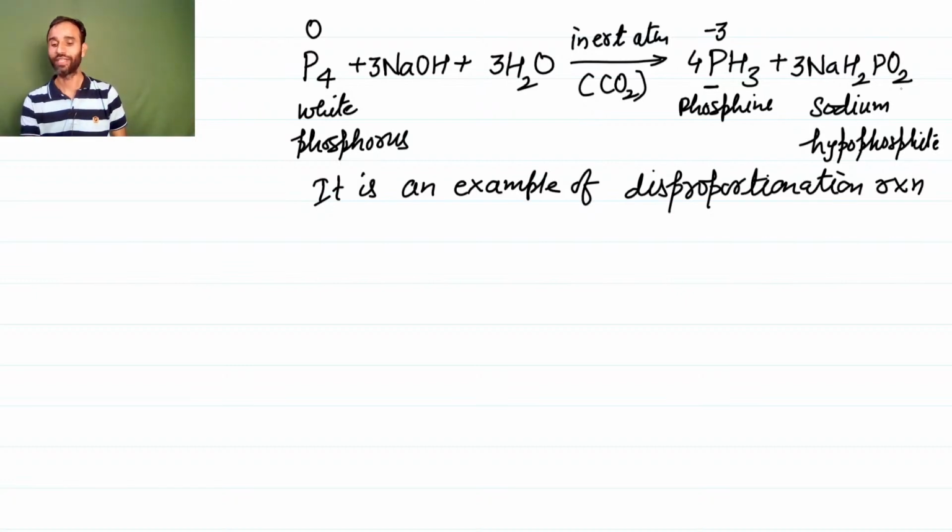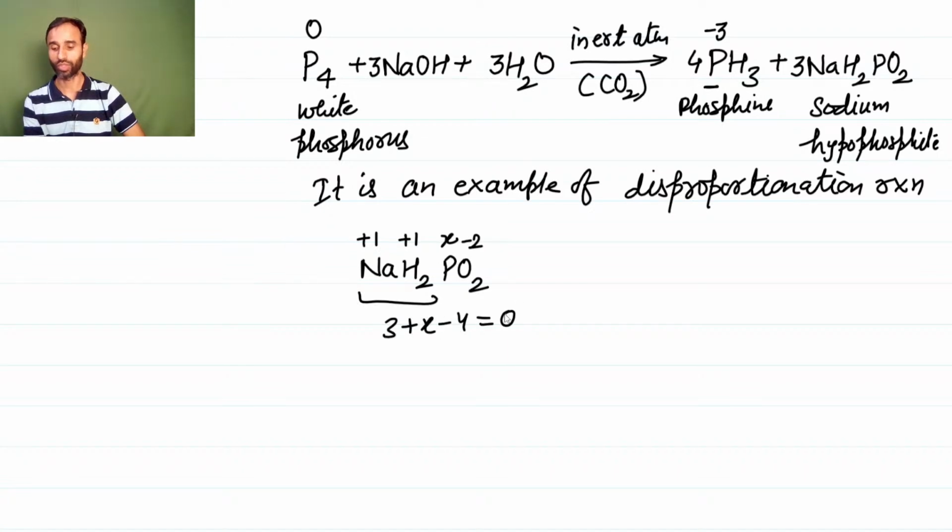Say in NaH2PO2, phosphorus, take it as X, oxygen -2, hydrogen +1, sodium also +1. So total it is 3 plus X minus 4 equal to 0.